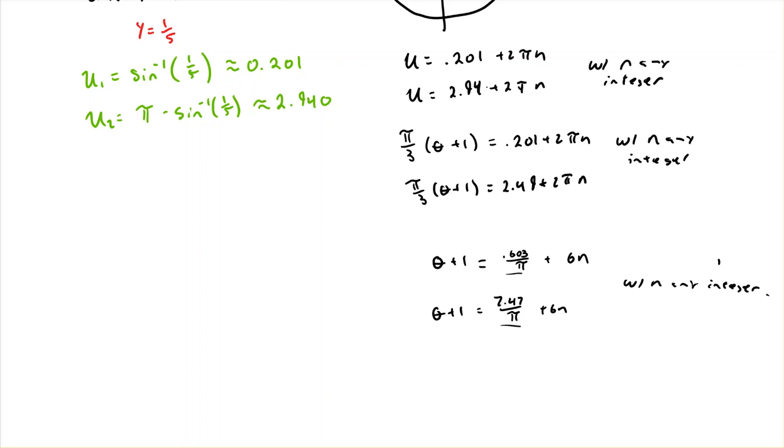I'm not subtracting the 1 off of my period shift. So I've gotten, again, an approximation. Theta is approximately negative 0.808 plus 6n, and approximately 1.378 plus 6n, with n any integer.